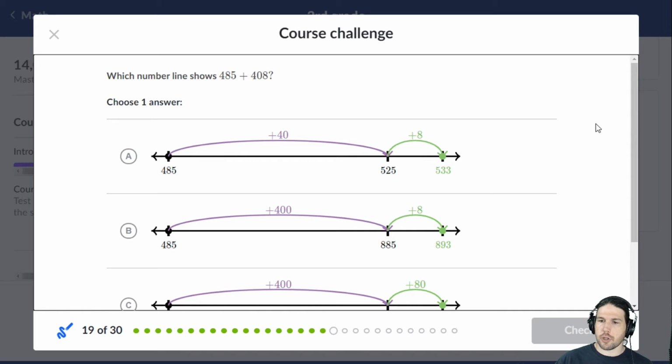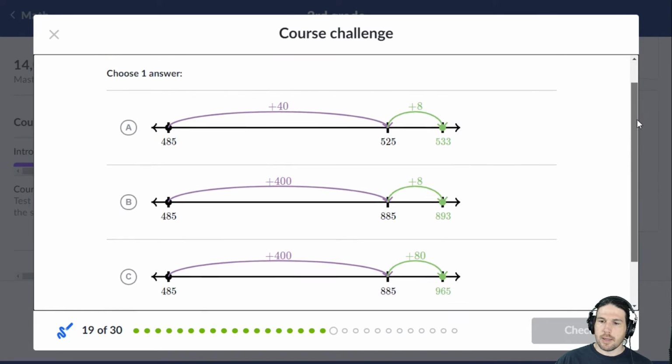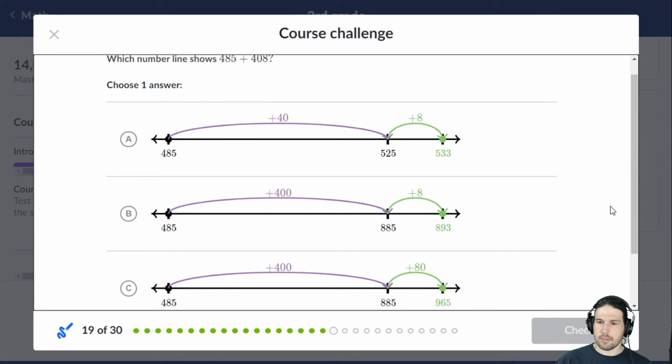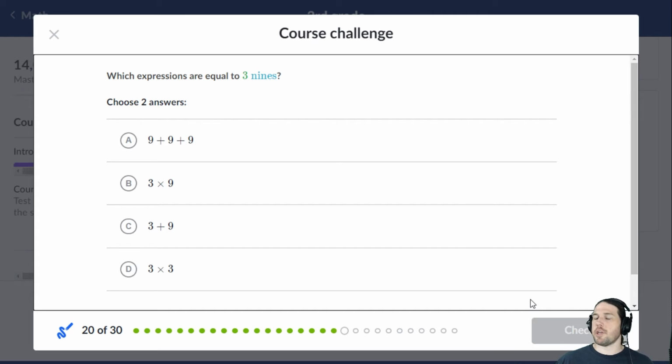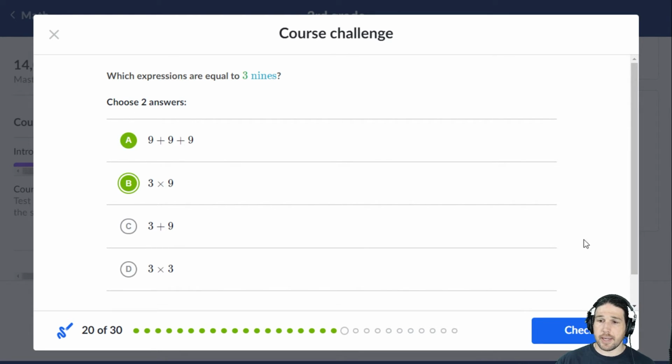Which number line shows 485 plus 408? B. Which expressions are equal to 3 9s? A and B.